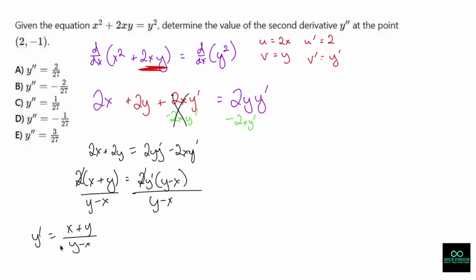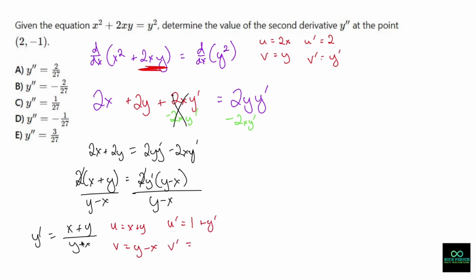That's the first derivative. Now on to the second derivative, which requires me to do quotient rule. U is x plus y. V is y minus x. U prime is the derivative of the top, so the derivative of x is 1, and the derivative of y with respect to x is y prime.